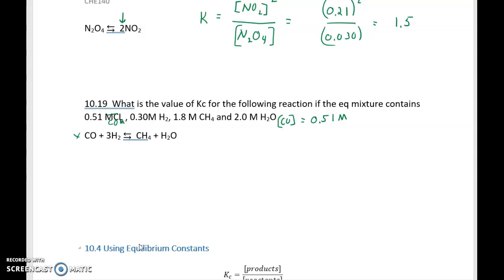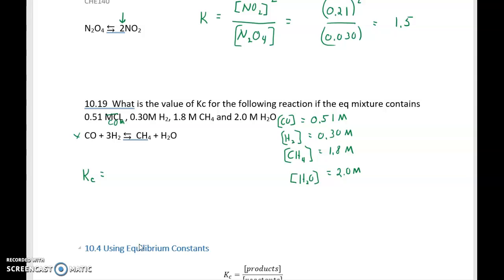Sorry for the misprint. Hydrogen, we've got 0.30 molar. For methane, we've got 1.8 molar. And for water, we have 2.0 molar.